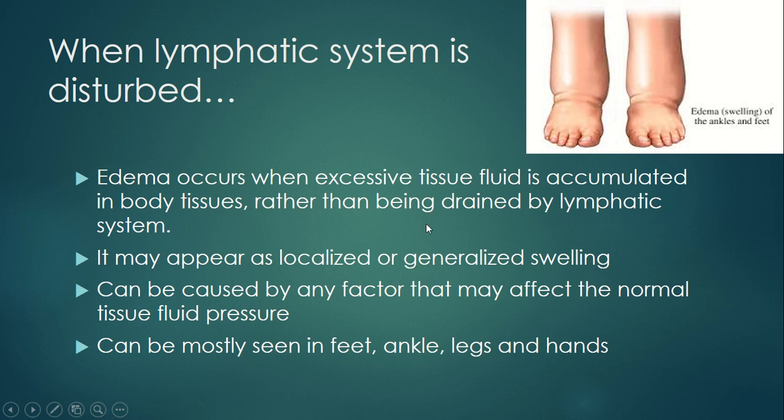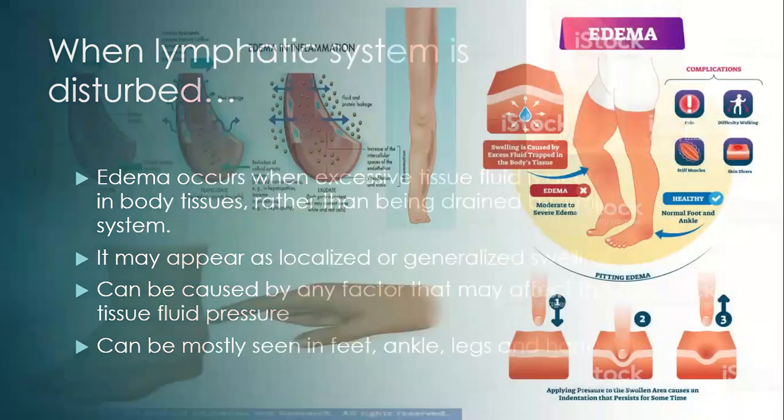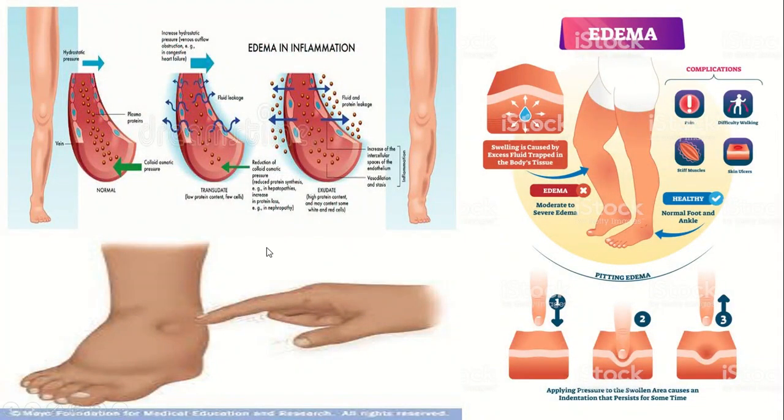When the edema appears in the whole body, affecting the whole body, it is referred to as generalized swelling. This edema can be caused by any factor that may affect the normal tissue fluid pressure, and you can observe in these illustrations how the edema is formed.